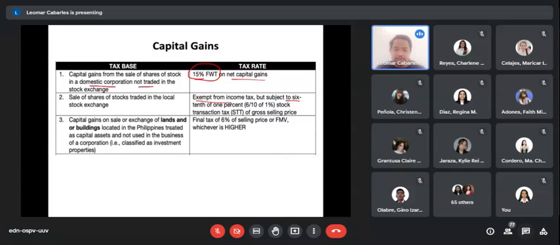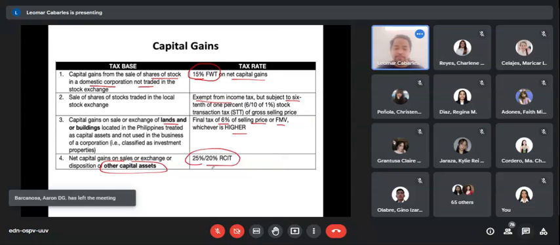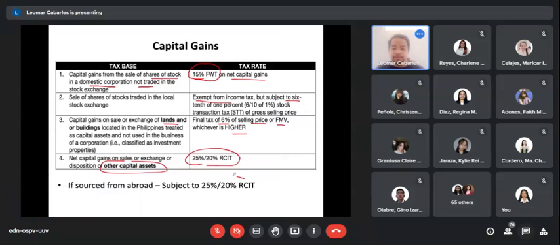But capital gains relating to land and buildings, okay, so final tax, 6%, no? Whichever is higher between the selling price or the fair market value. For other capital assets, meaning other than shares of stocks and land and buildings, regular corporate income tax ang mag-a-apply. Okay? Take note, kung sourced from abroad, regular corporate income tax. Okay?